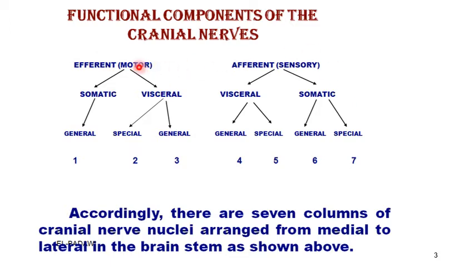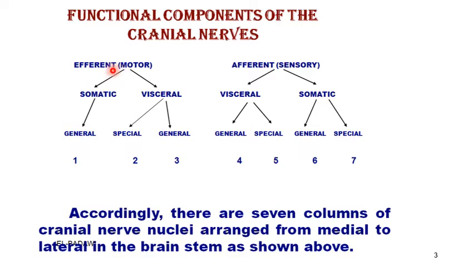Starting with the motor part, the efferent, it is divided into somatic and visceral. The afferent is also divided into visceral and somatic parts. So we have four subgroups from the motor and the sensory groups.